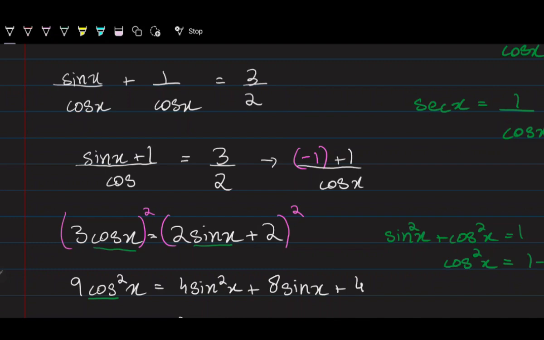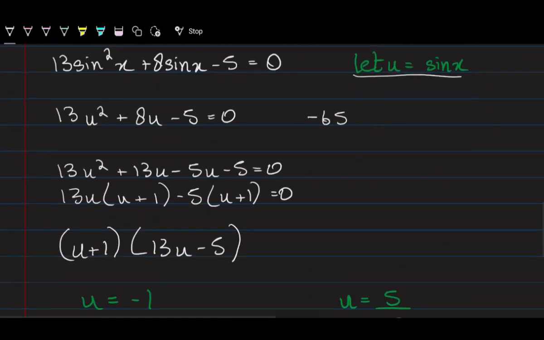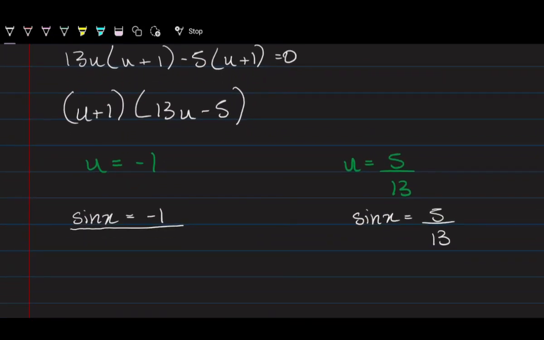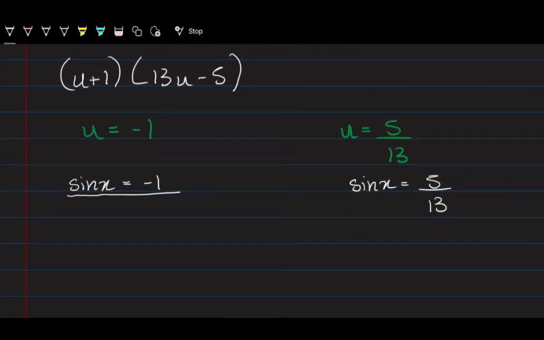And minus 1 plus 1 is just 0. 0 divided by anything remains 0. So the sine x equal to minus 1 value, that is a false value. So we'll reject this value, and our actual final answer is sine x is equal to 5 over 13.